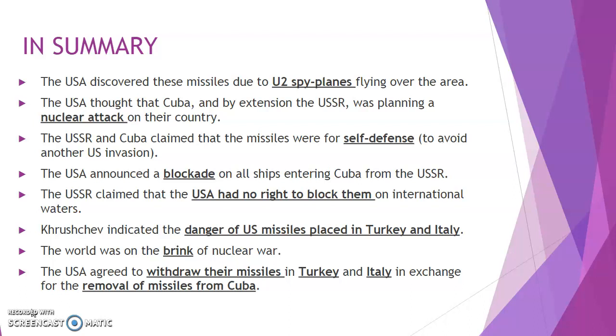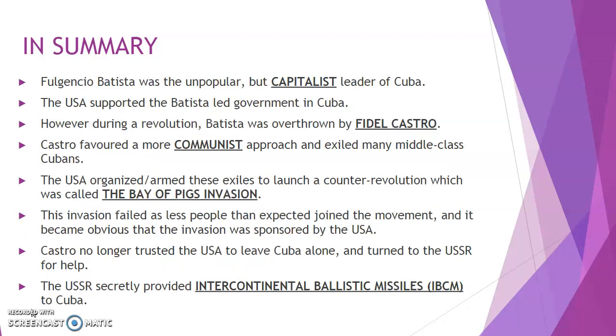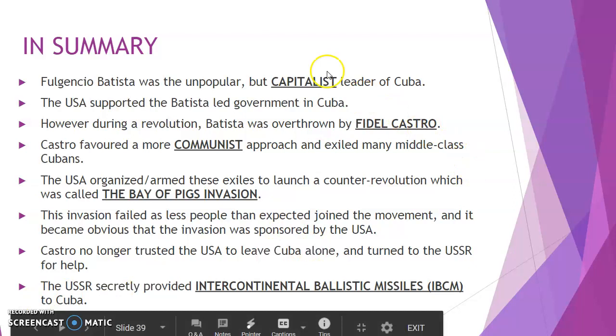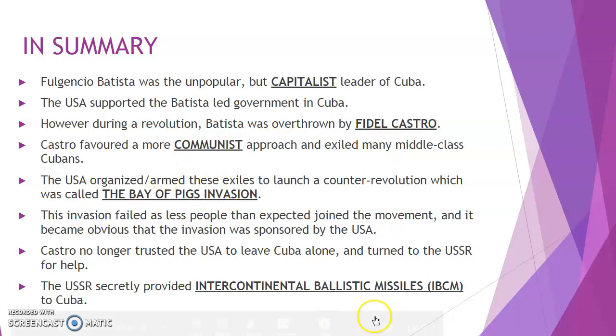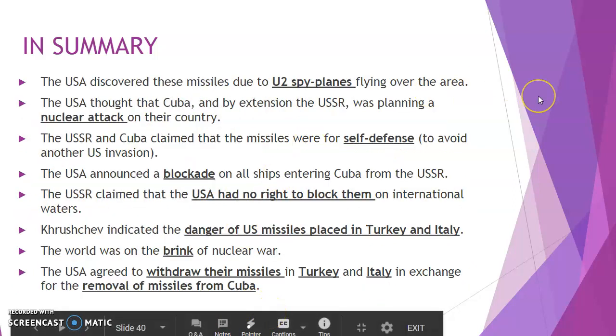A paragraph of 8 lines that answers the question: how did the missiles in Cuba create tension between the USA and the USSR? You can see I've given you a lot more than 8 lines here. So what I want you to do is summarize the summary and make it even shorter, where you just touch on the main aspects. You'll notice that some of the things have been underlined for you, so that highlights what is important for you to mention.